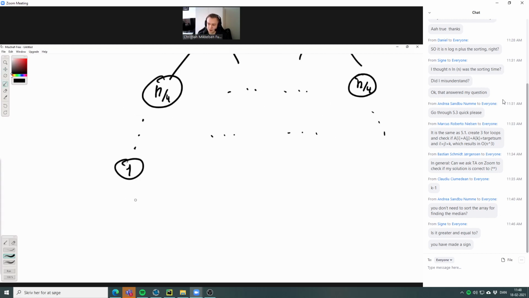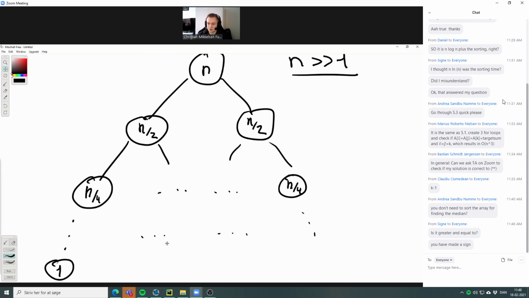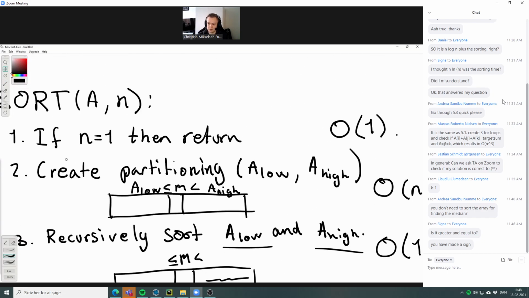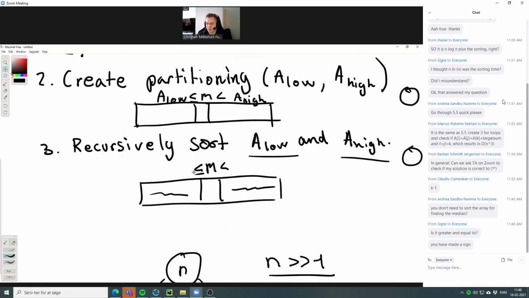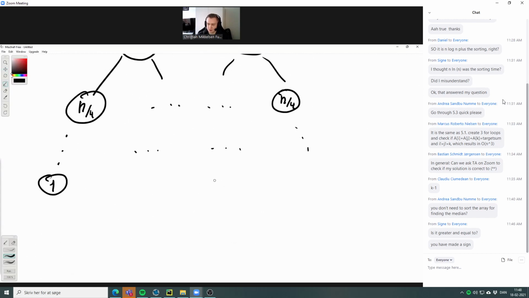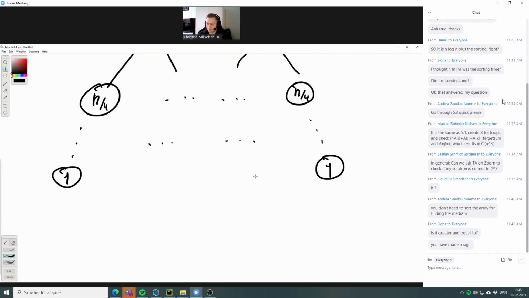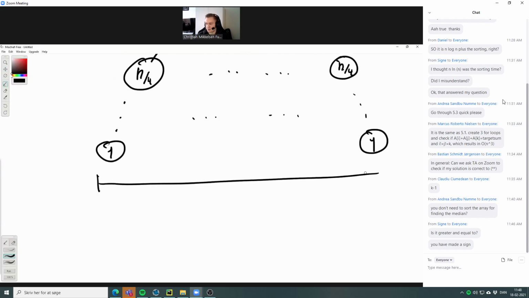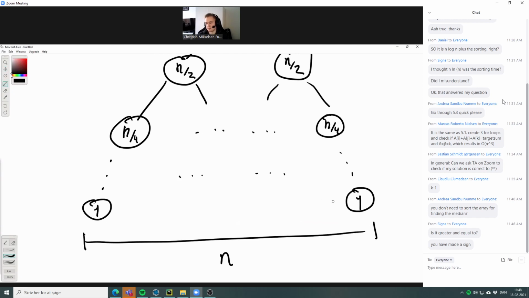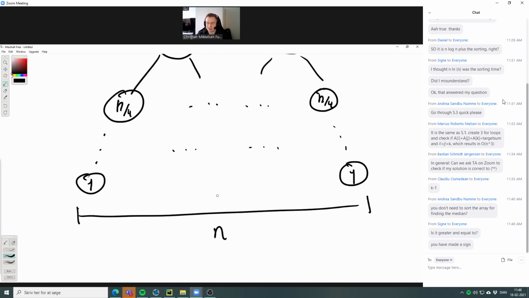And at the bottom, we have the constant size 1, right? So that is where we just have one element, and that takes constant time. So we're just going to have a bunch of these that take constant time. Now, how many of these are we actually going to have? We're going to have exactly n of these, because every single element must be at some point the bottom layer, right? And we have exactly n elements.